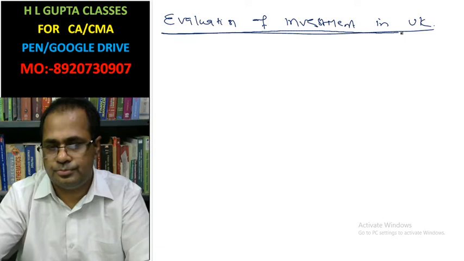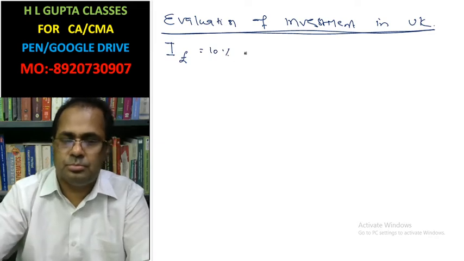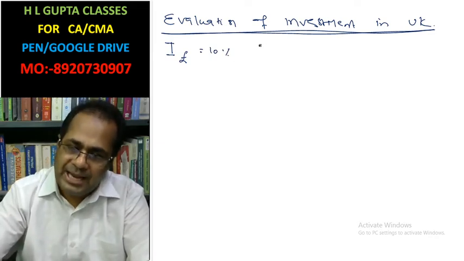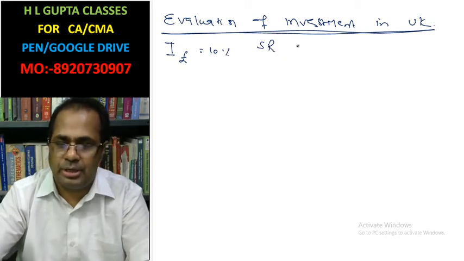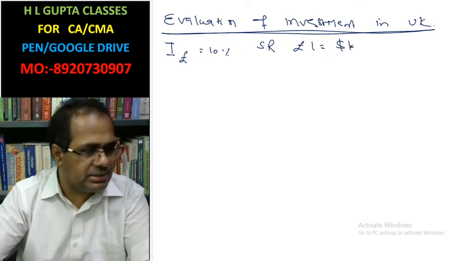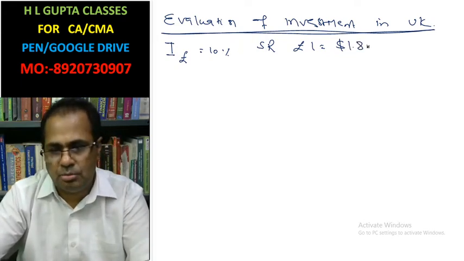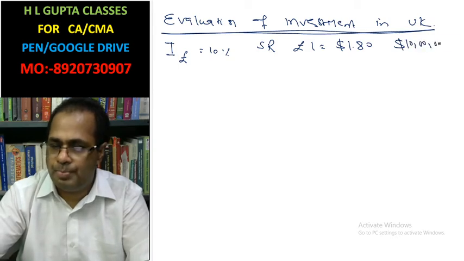UK pound sterling deposit rate is 10%. A spot rate, pound 1 equal to dollar 1.80. You have available dollar 10 lakh.